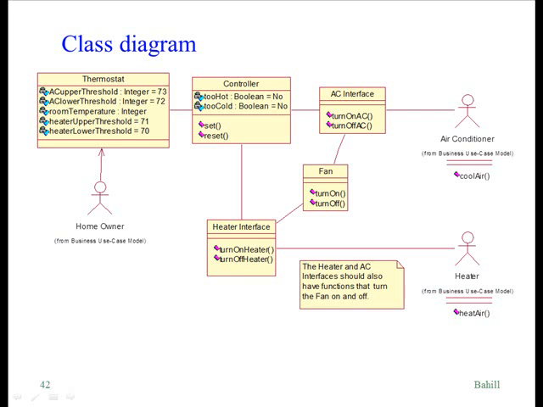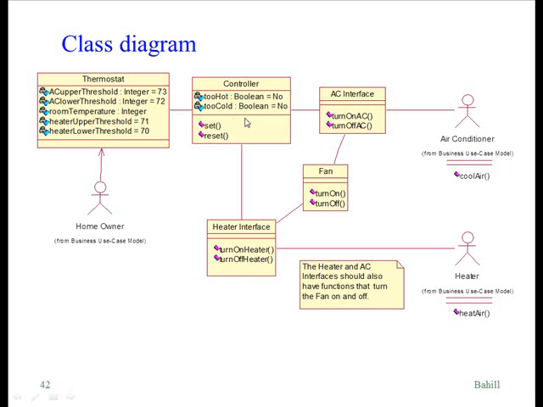So far we have come up with this class diagram. We have discovered that we need a thermostat, which is going to be sensing the temperature, and also providing information when the temperature goes above the thresholds for heating, and there's a threshold for cooling.